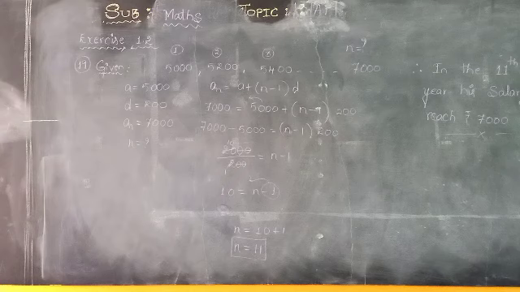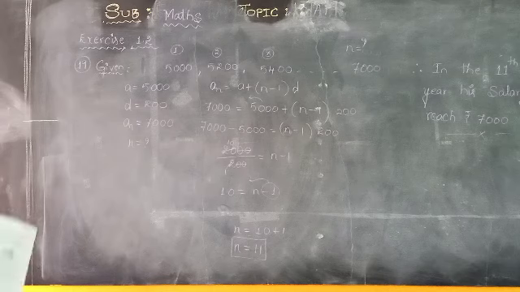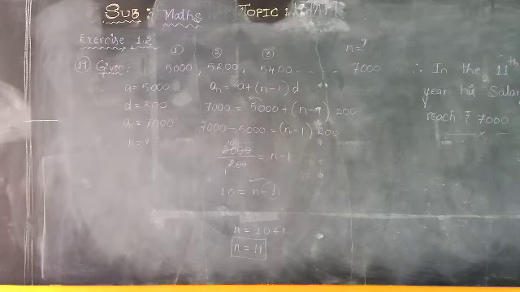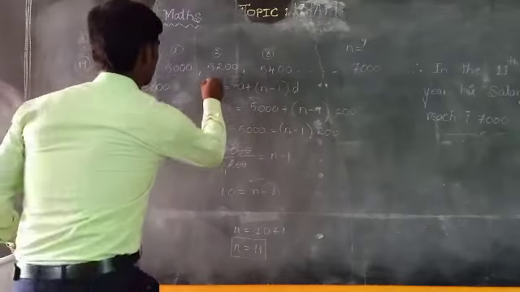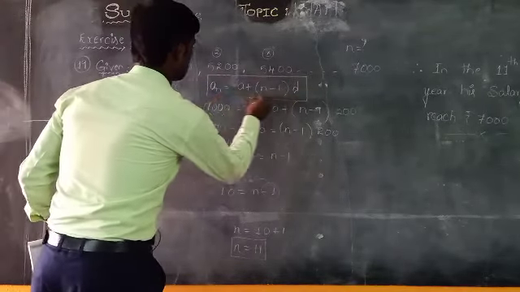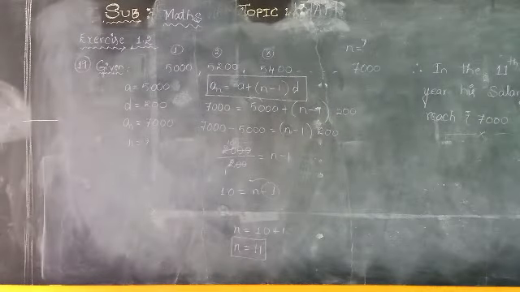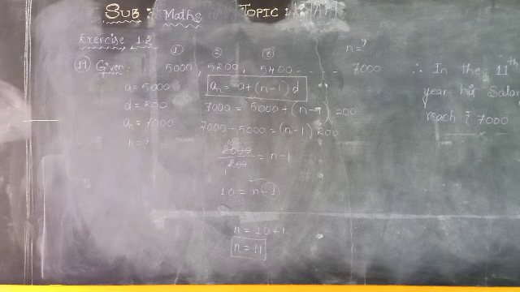So write down the a value, d value, an value, and n value. We need to find n. Substitute the values in the nth term formula of arithmetic progression and simplify according to the rules of mathematics. You will get n as 11, the 11th term of AP.